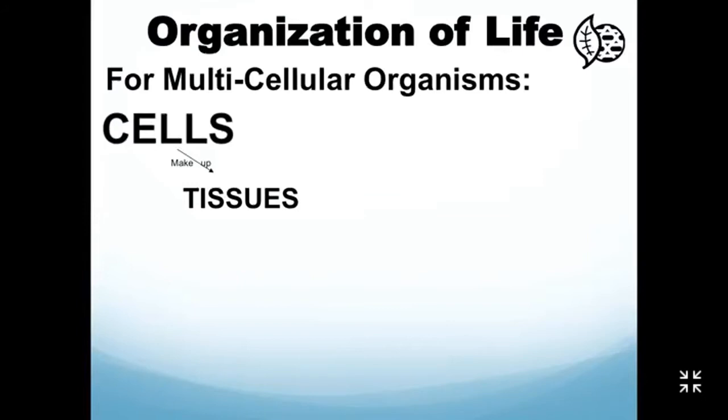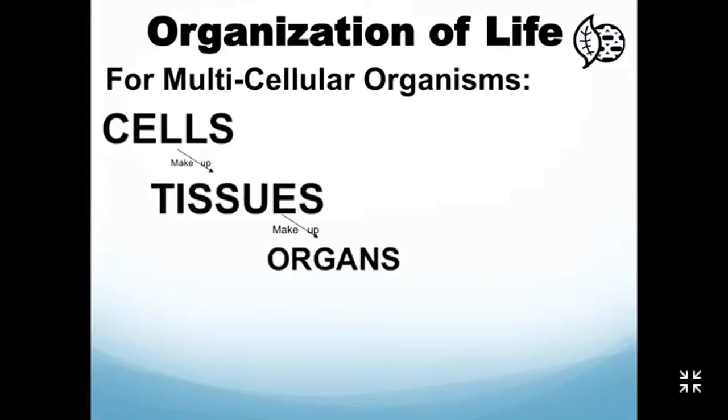A tissue is a group of cells performing similar functions. And of course, organs are a group of different tissues joined structurally and cooperating functionally to perform a specialized task. Good examples of organs are the heart, liver, and lungs.